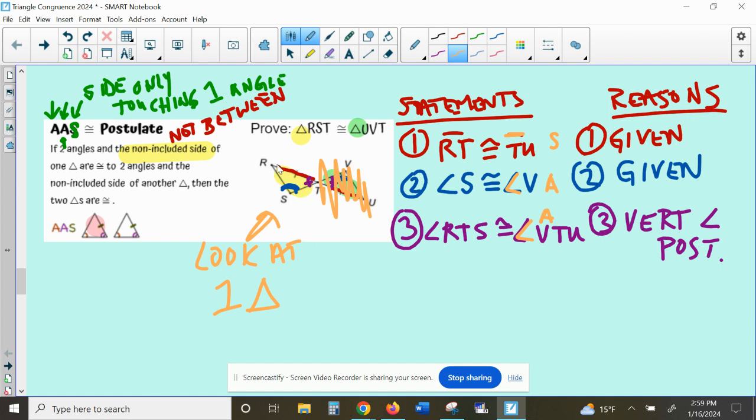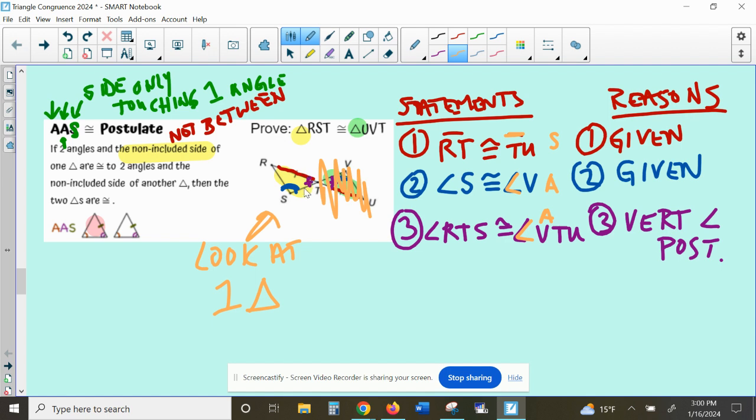Okay, so my question is, I have this side, and then I have this angle, and then I have this blue angle. So my question is, is the side that I have touching both of these angles? And it is not. You see this red line? It is only touching the purple angle. It is not touching the blue one. So we actually do have angle, angle, side. And if you think about going around this picture, I could start right here and do angle, and then side.